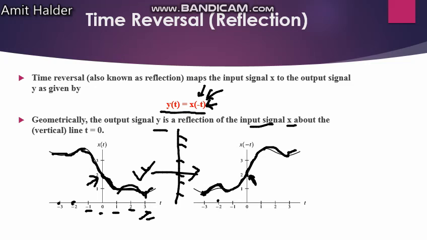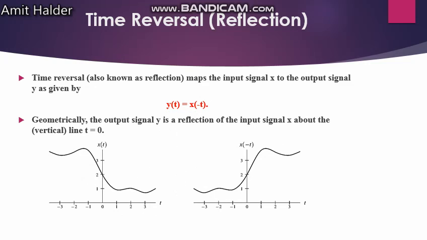Reversal means minus. So if you take minus in the time slot, you can get it. I can show you another example to know it better. Look, if x(t) is equal to t, it's one kind of function.